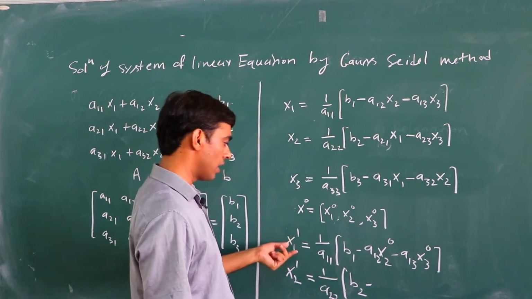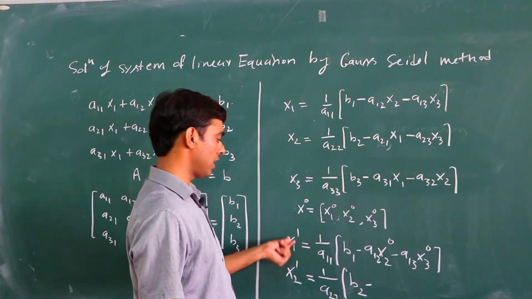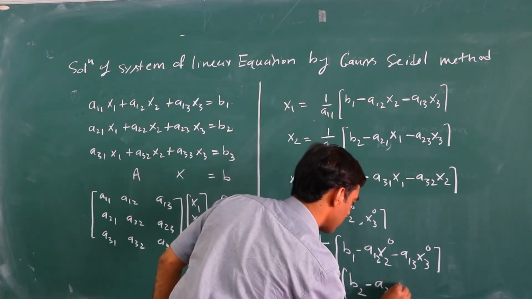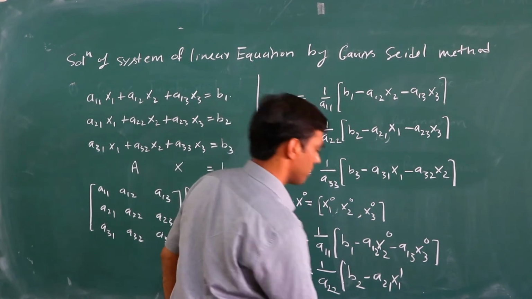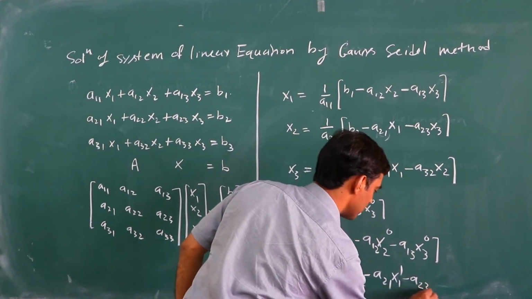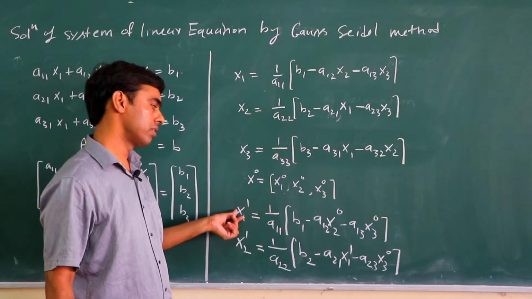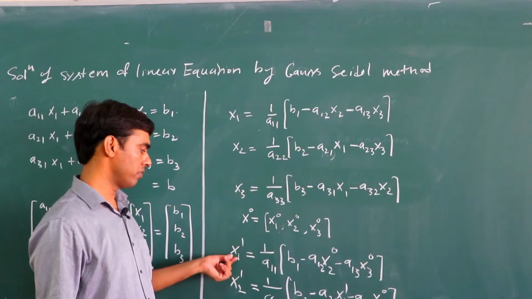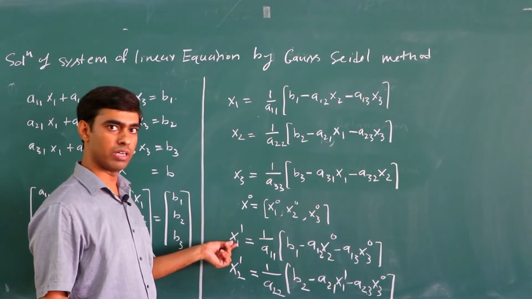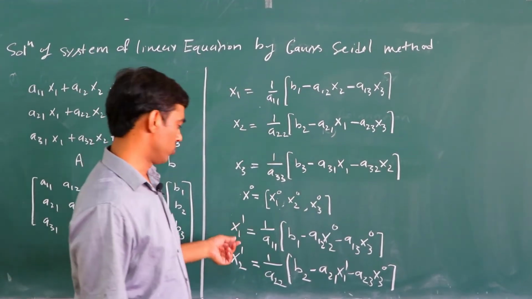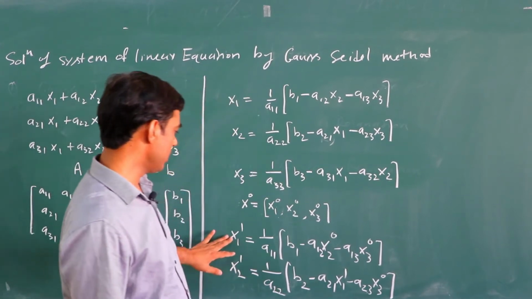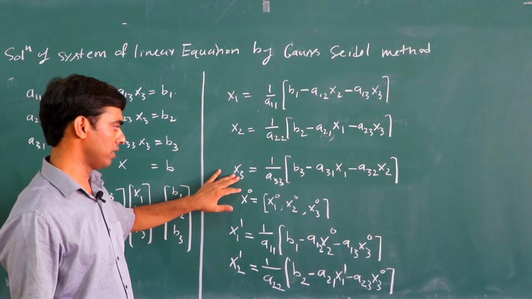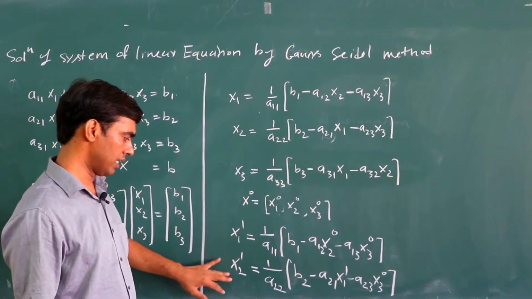So we have an updated value. The updated value is x11. So here we use a21 x11 minus a23 x30. The new value of x1 is used to calculate the value of x2, the updated value of x1. Similarly, now we have two values, x11 and x21. So to find the value of x31, we use the values of x11 and x21.